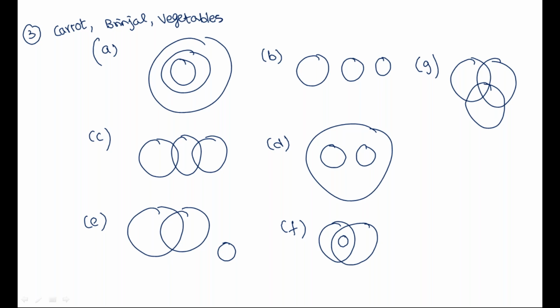Now the fourth question is city, state, country, or district, state and country for better clarity. Among the options, which is the best suitable diagram?